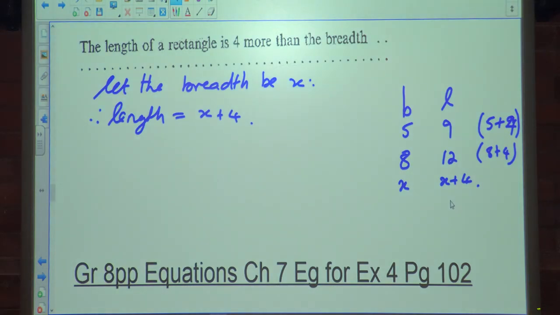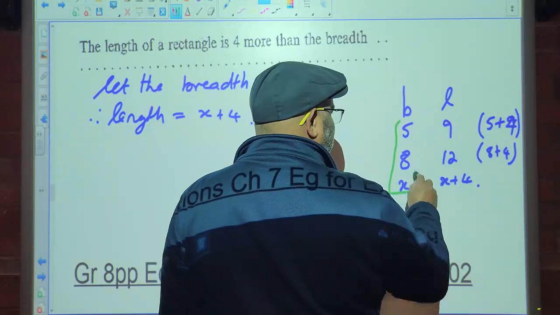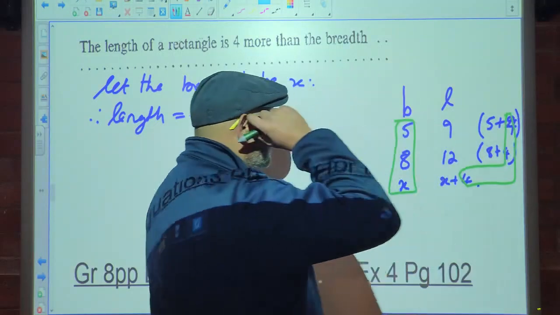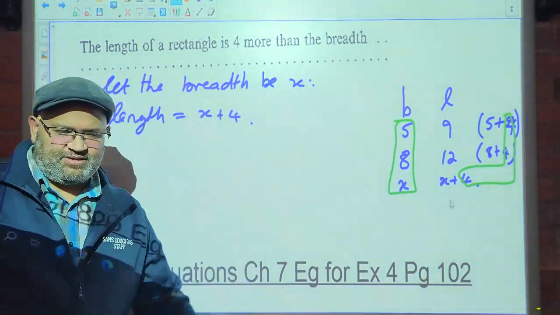Easy, no? Do let me know if I'm going too fast. You're all with me? Yes. Okay. As you can see, these numbers change, they vary, whilst you're always adding the 4. Okay, that's the relationship that exists between the length and the breadth.